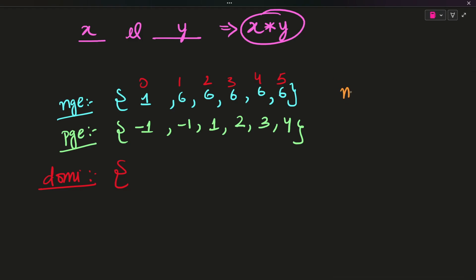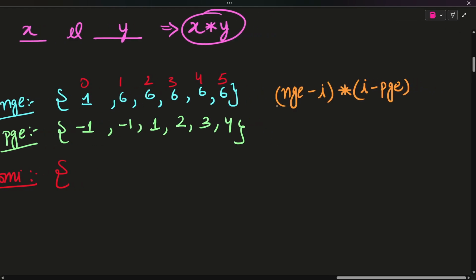NGE minus I into I minus PGE will give us our dominant.